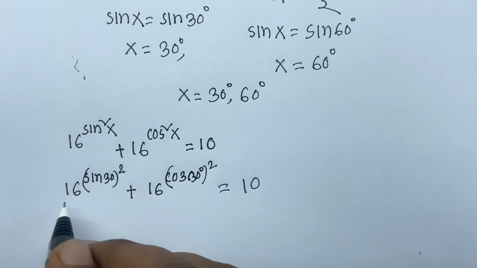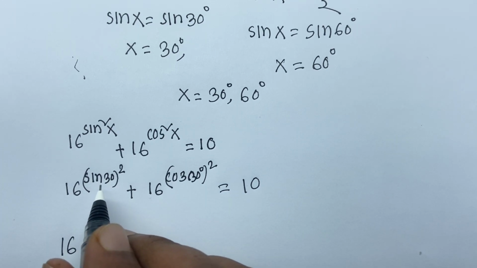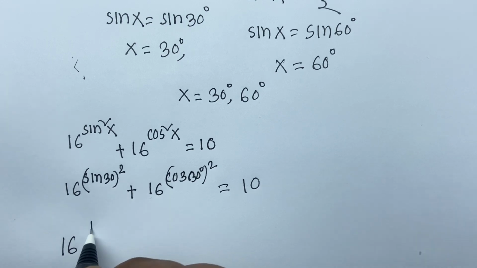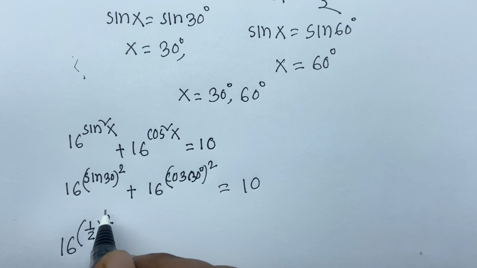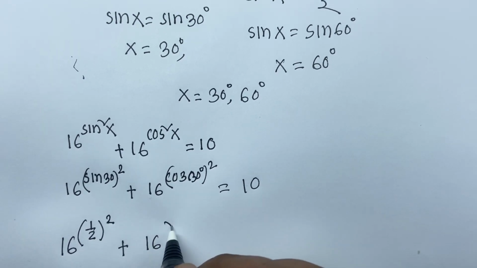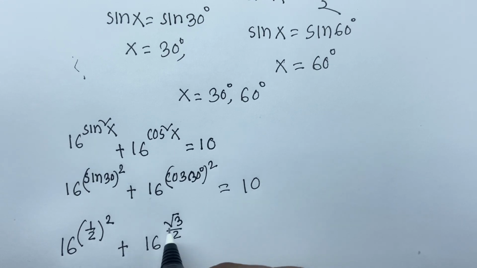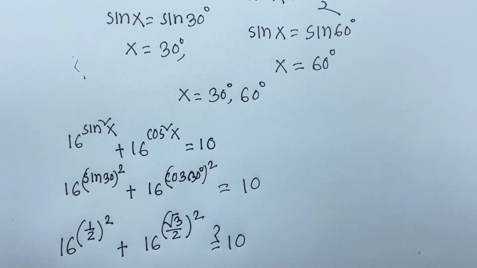Then look, 16, and we know that sine 30 degree, it will be half. So I can say 1 over 2 and bracket power is whole square, plus 16, and we know that cos 30 degree, it will be square root 3 over 2 and bracket 2 is equal to 10.